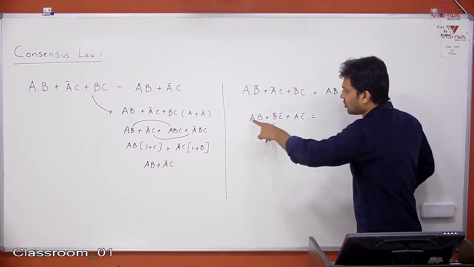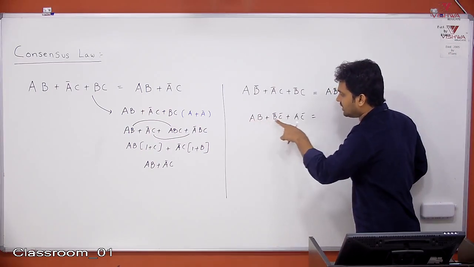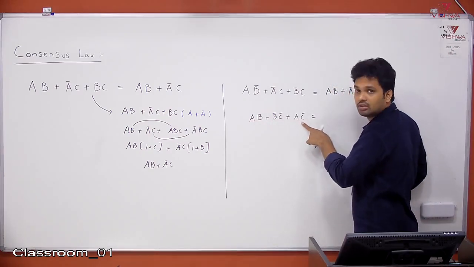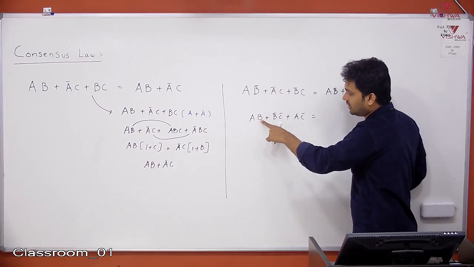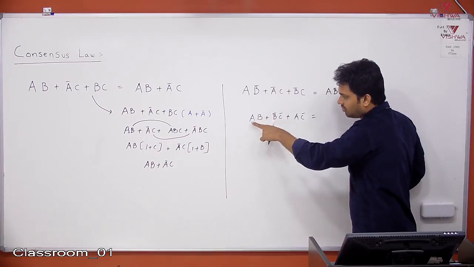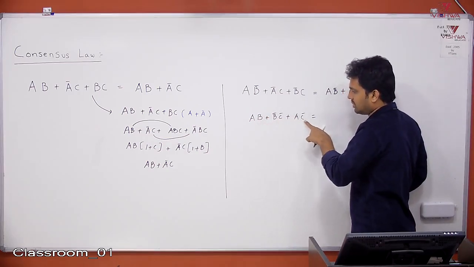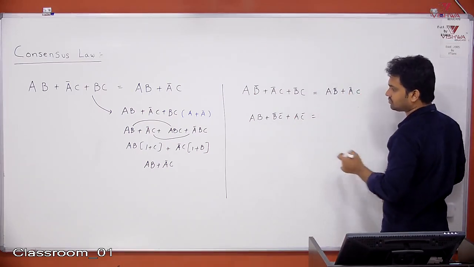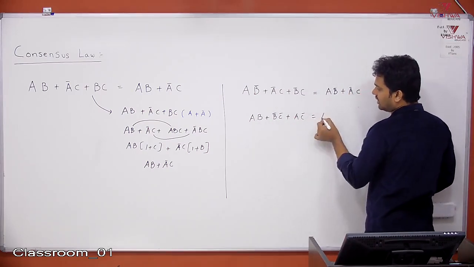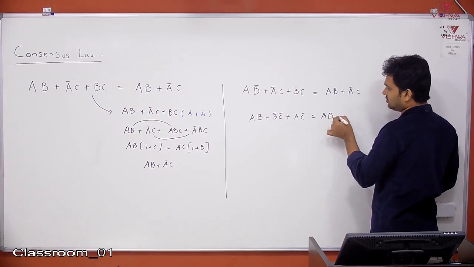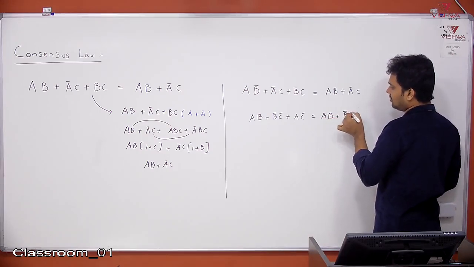Then the product of the remaining part, A and C bar, is present here or not? Yes. Then the answer will be AB plus B bar C bar.